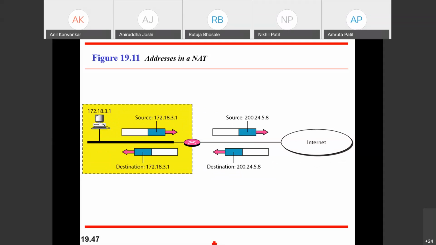That's how one specific terminal is communicating with the internet. But all these terminals will be allocated the same external IP address, 200.24.5.8.